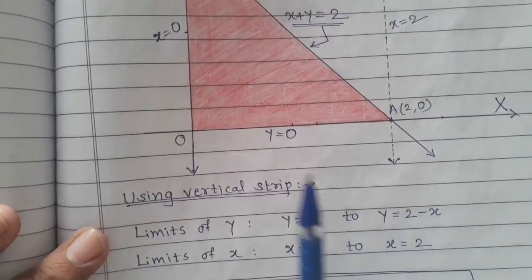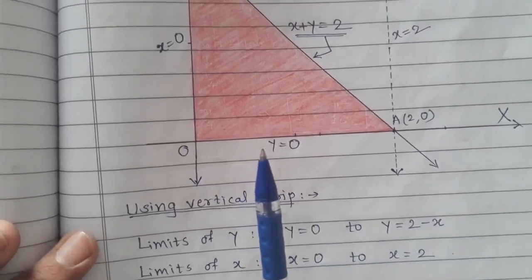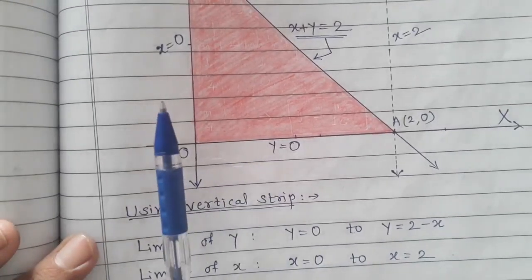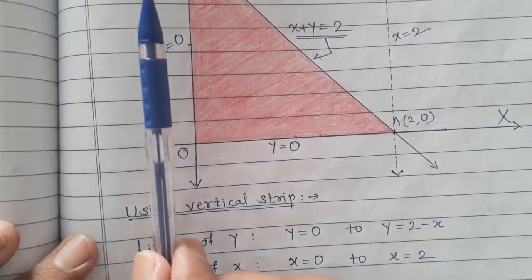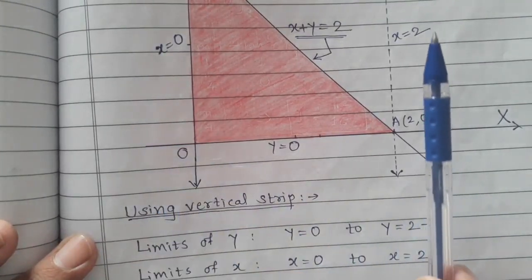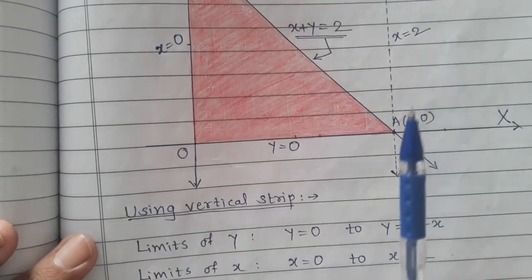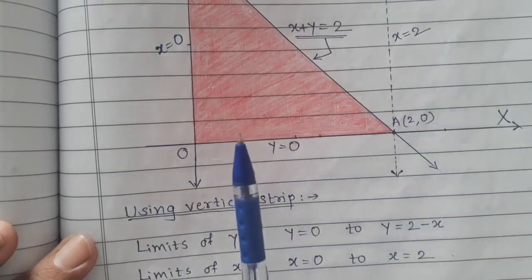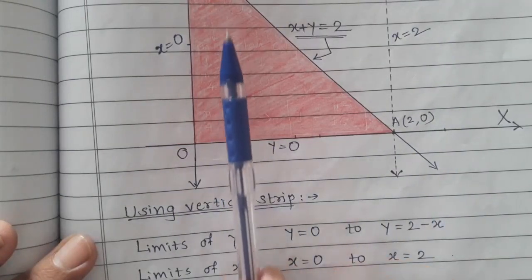Now see that if the bullet is here, then it will not pass through the colored region, and if the bullet is here, it will also not pass through the colored region. So the condition is that our bullet should be in this range.